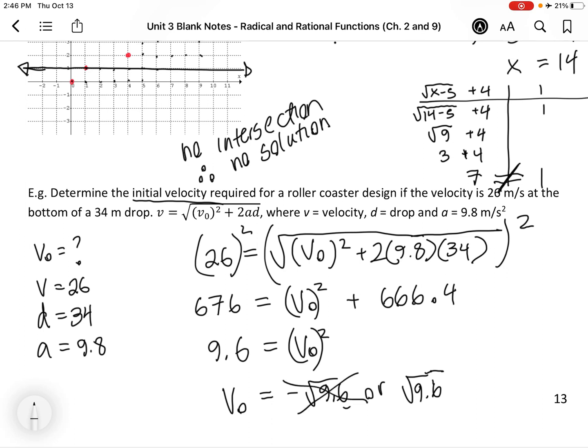And then we can cross this one off because that doesn't make sense in the context of the question. The initial velocity is not going to be negative. So the square root of 9.6 is about 3.1 meters per second. So I'm going to leave it there and we will continue.